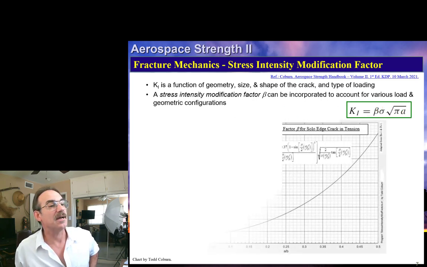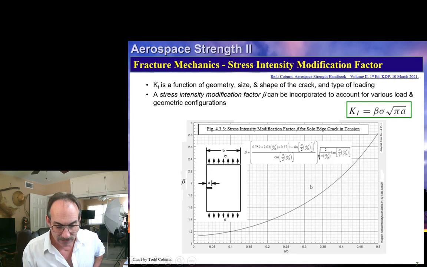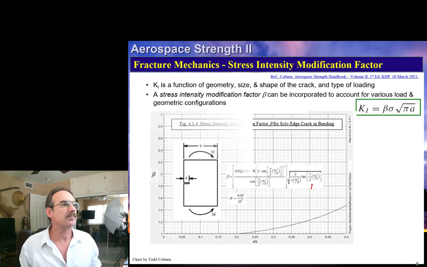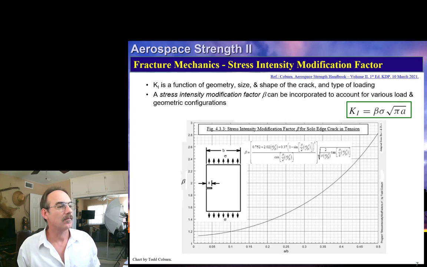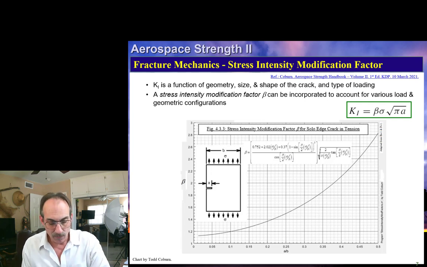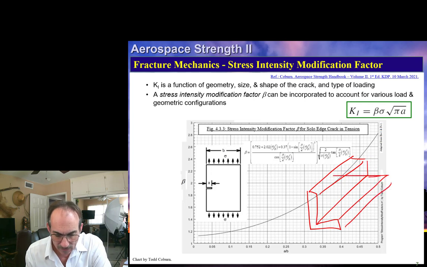Okay, how about if we have a different part? Let's say we have something that looks like this. We have a single edge crack, for example. Let's say we have an angle, and let's say on this angle we have discovered an edge crack that's sitting right in there.